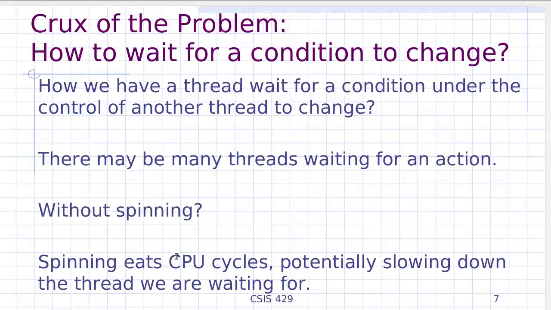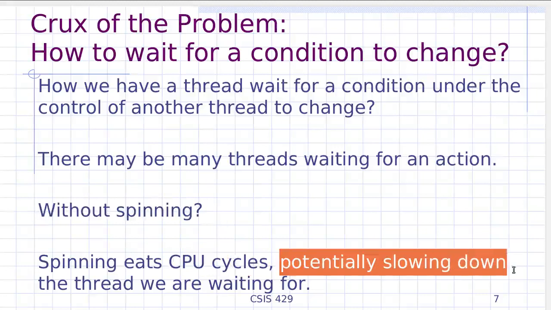Spin waits do work, but they eat CPU cycles. Spinning is something that the CPU can do really fast, but it hogs the CPU. On a single core machine, you are eating a lot of CPU time and thereby slowing down the possibility that some other thread can be scheduled and change that done variable.